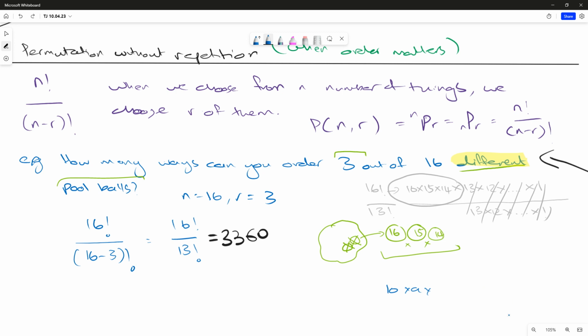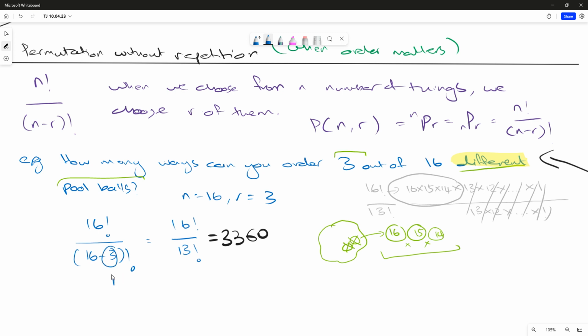And we can rewrite that as 16 factorial in this case divided by 3 factorial. You can also look at it as the total number of ways of arranging all of them and reducing that sample space by 3.